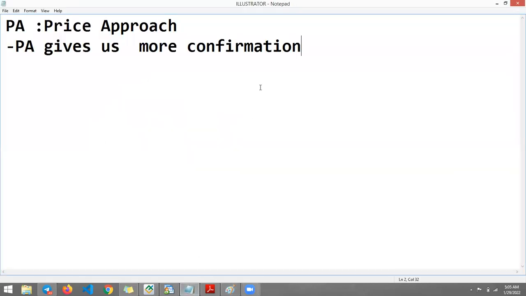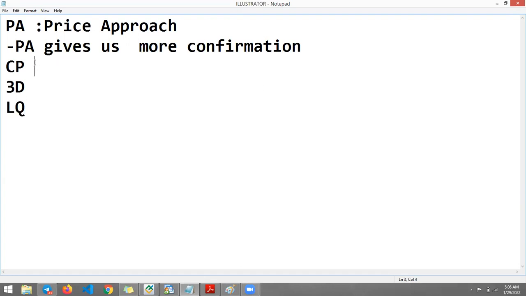So now price approach, you basically have three main concepts that we're going to look out for. We have what we call the CP, we have what we call the 3D, and we have what we call LQ.